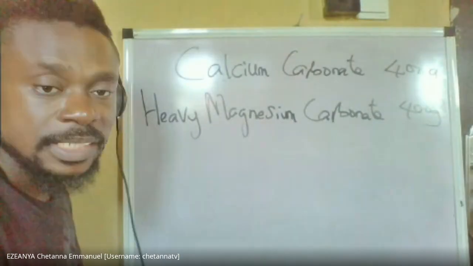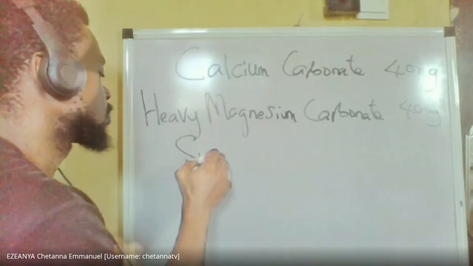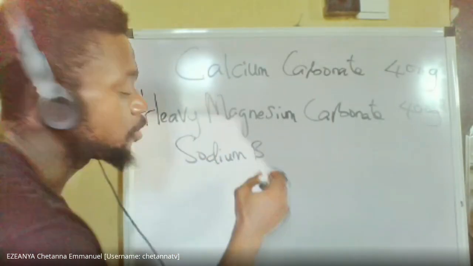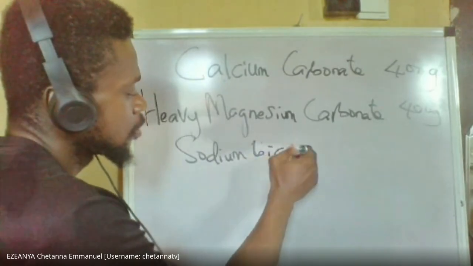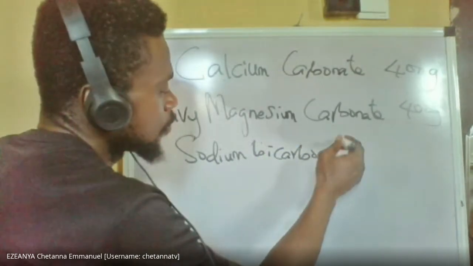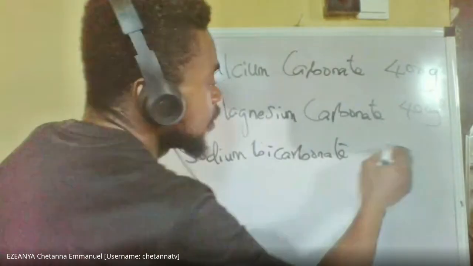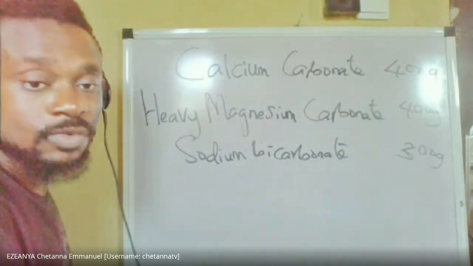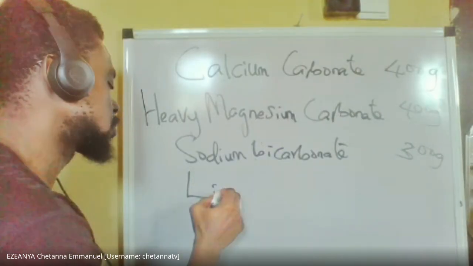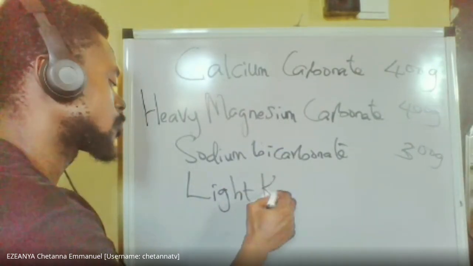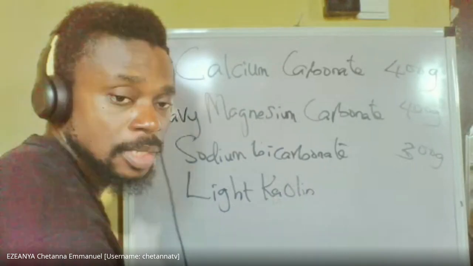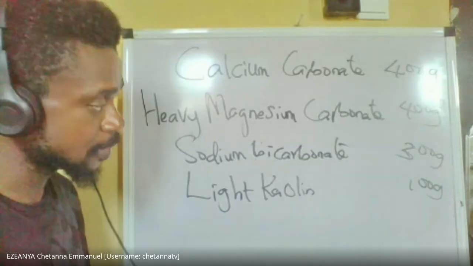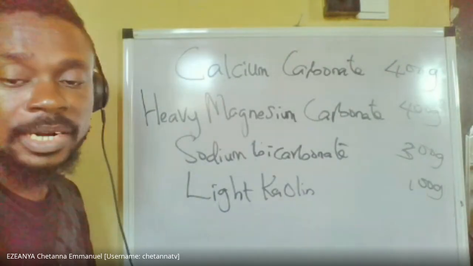The next one is sodium bicarbonate, 300 grams. Next one is light kaolin, 100 grams.